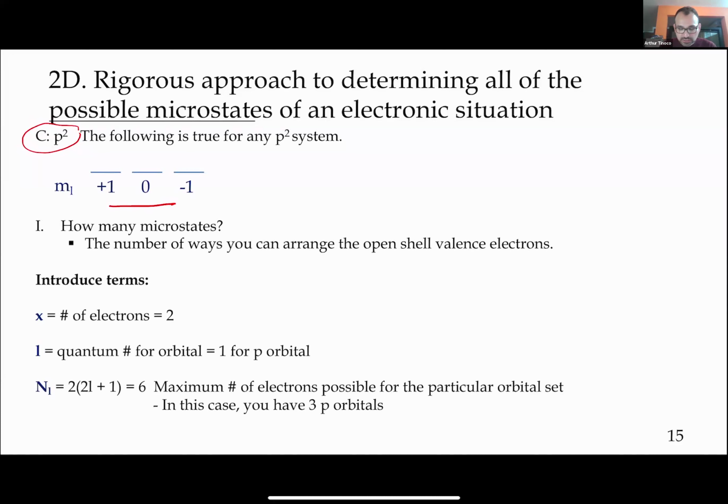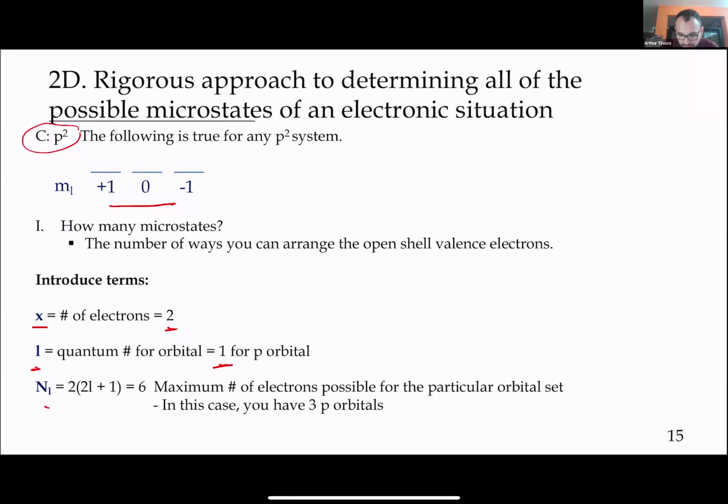One of the terminology is x, which equals the number of electrons. And so the number of electrons in the p2 system, well, that would be 2, okay? We're going to define, for our purposes of terminology, l, which is the quantum number for the orbital. So that's not a new thing, you know that. The quantum number for the p orbital is 1. l equals 1. Okay.